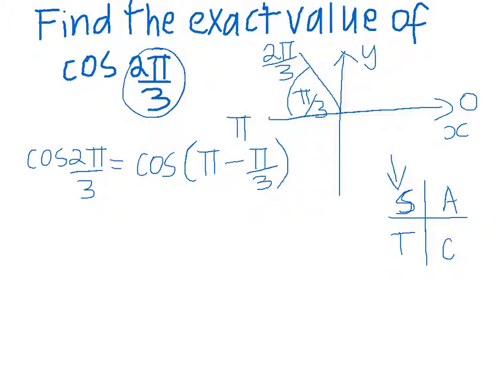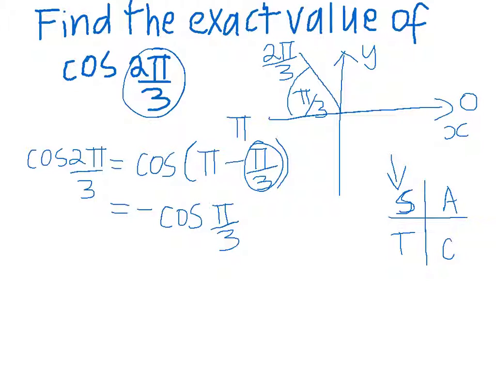But we're using cos, so this is going to be negative cos of whatever this angle is, the reference angle, or how much it has deviated from the x-axis, and that's pi on 3.